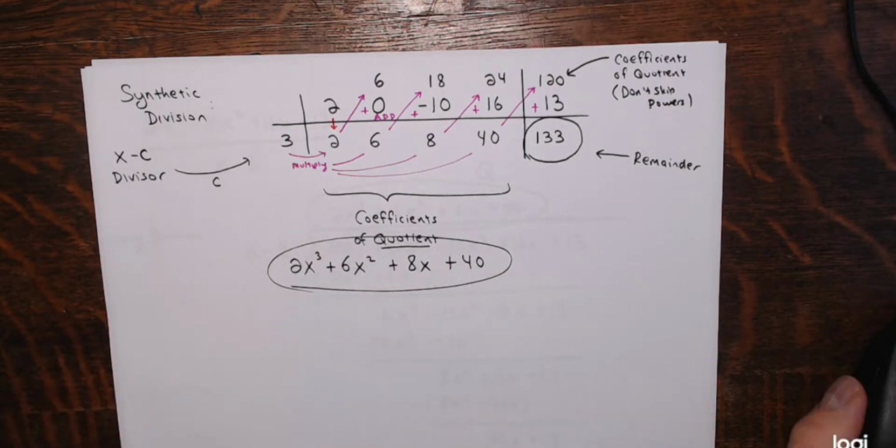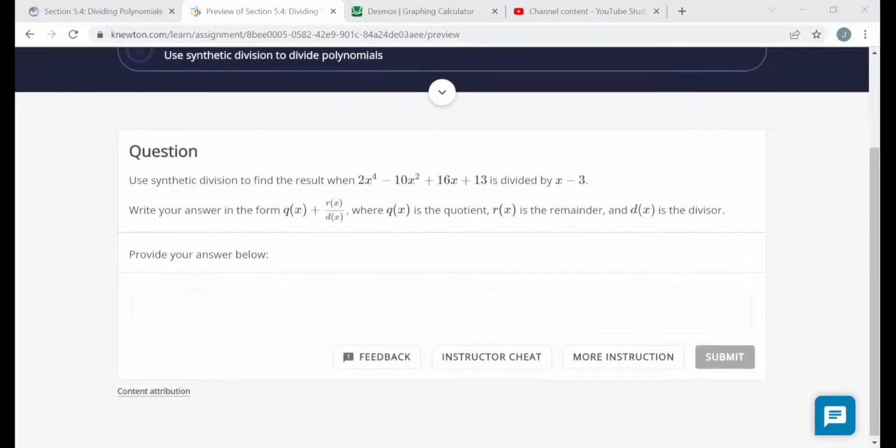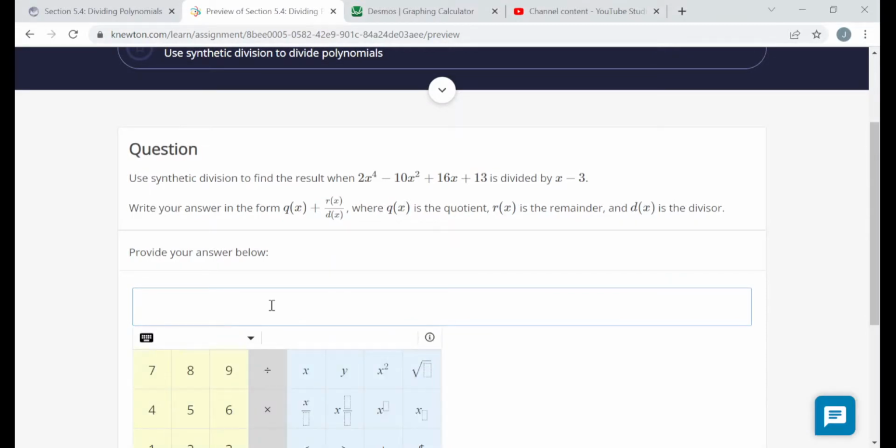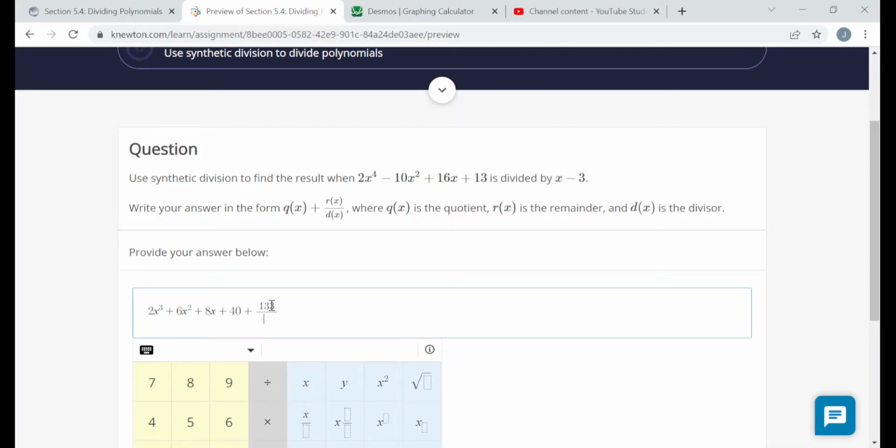All right, so now that I have the quotient and the remainder, I can write the result of this division. And they're even telling me how to, right? Now, I said this in previous problems: the result of division is the quotient, 2x cubed plus 6x squared plus 8x plus 40, and then the quotient plus a fraction, plus the remainder, 133, divided by the divisor, x minus 3.